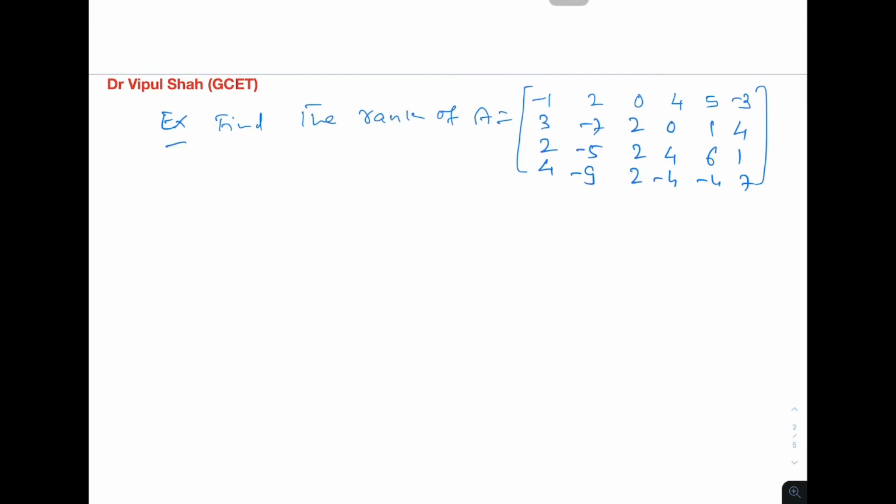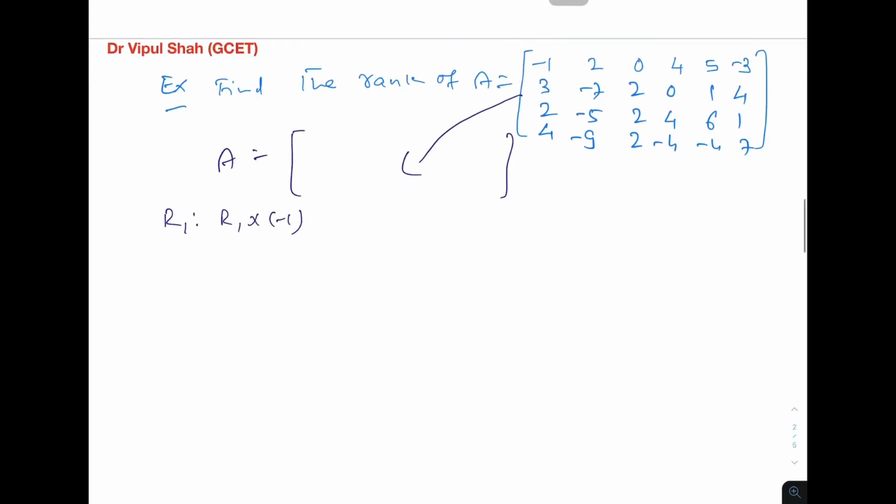So now let us solve this example. Let us write A here, and then we do it like this. In R1, multiply by minus 1. So we have 1, minus 2, 0, minus 4, minus 5, 3.